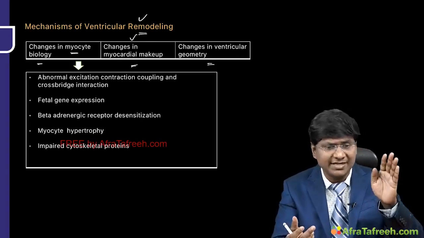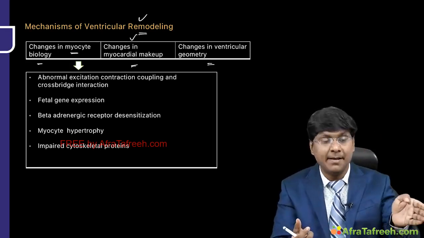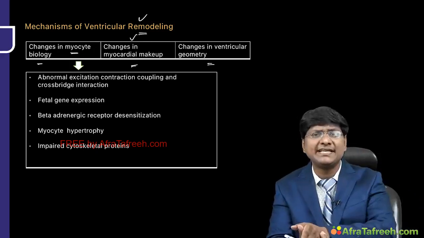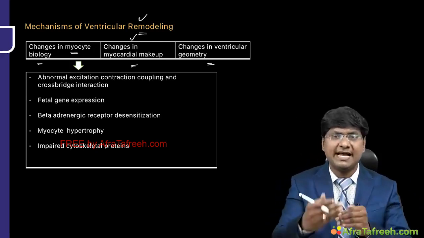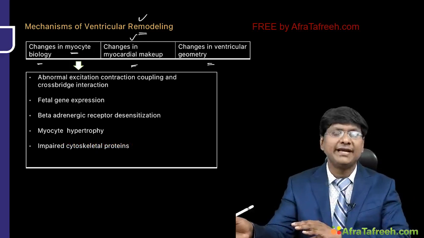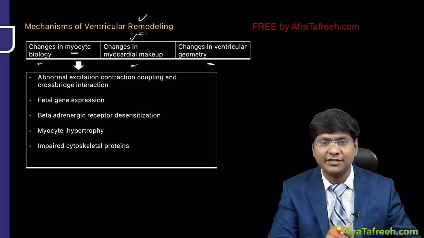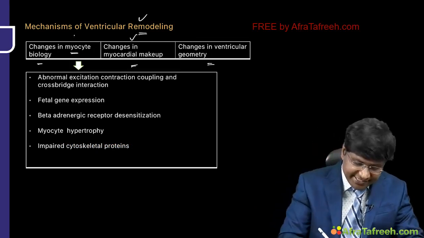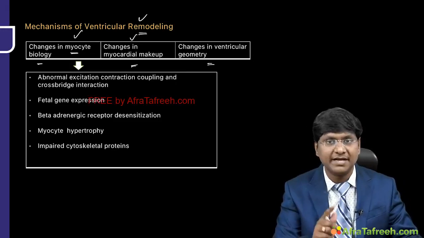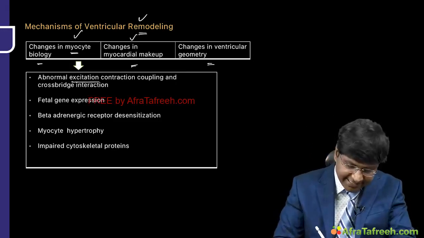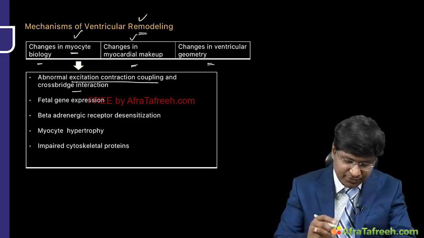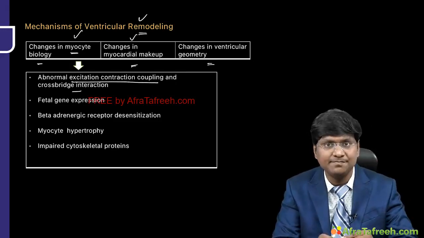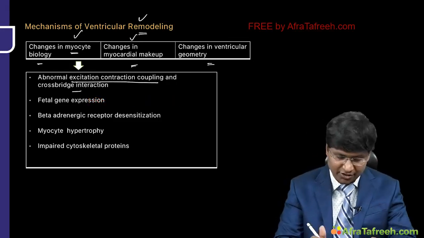Actually, initially there is only an index event, but consequent to that index event, remodeling happens, and that makes the individual progress to heart failure. Now the changes in myocyte biology: number one, abnormal excitation-contraction coupling as well as cross-bridge interaction.